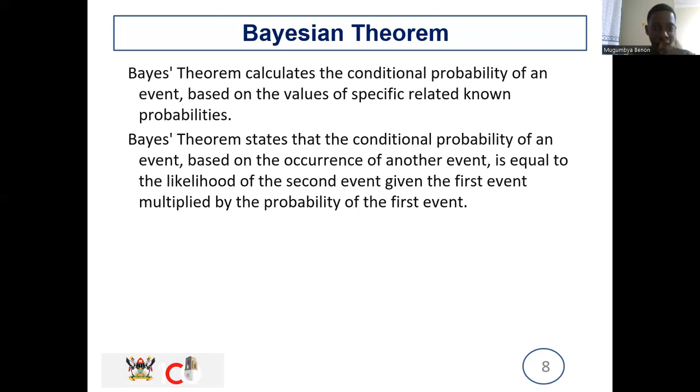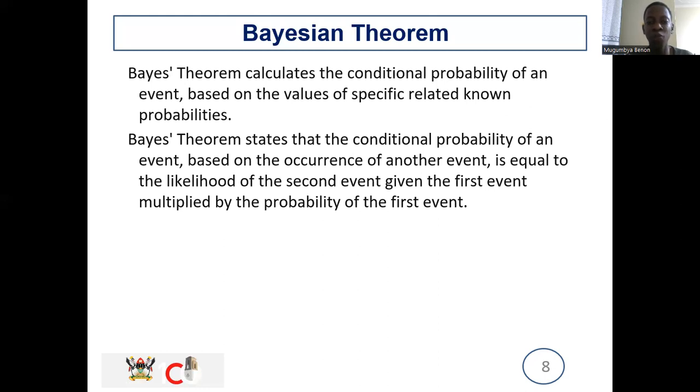Basically, what Bayes' theory is all about is a mathematical theorem that helps us get the conditional probability of a certain pair of data. Say you want to get the conditional probability of data, but you have only a bit of the data and you don't know most of the other probabilities relating to those different fields.